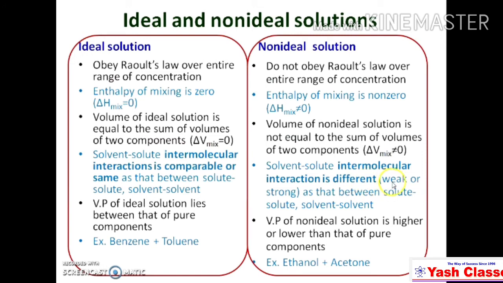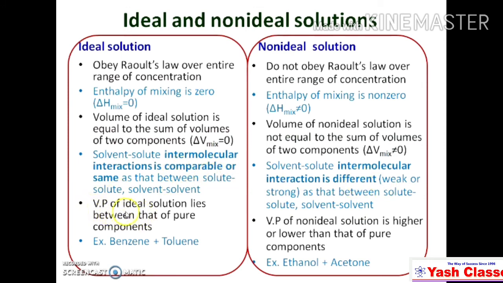It means the interaction may be weak or strong as compared to the intermolecular interaction between solute or solvent. So the intermolecular attraction of solvent and solute after preparation of the solution is different from the individual components, that is solute and solvent. So this difference is very important.